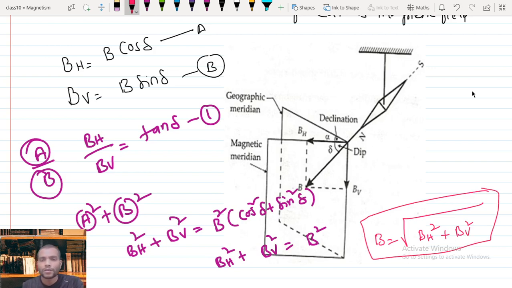This gives the magnitude of the magnetic field at that location. What about the direction? The direction is given by delta. This is how the elements of the Earth's magnetic field are related: the declination angle, the inclination or dip angle, and the horizontal component of the Earth's magnetic field.